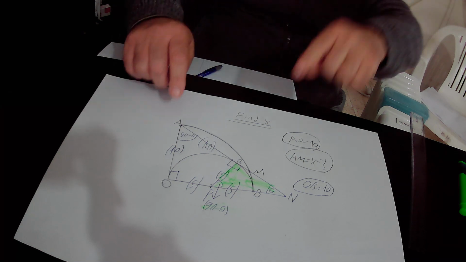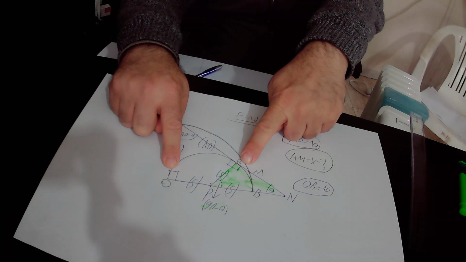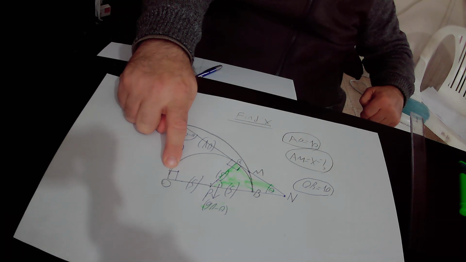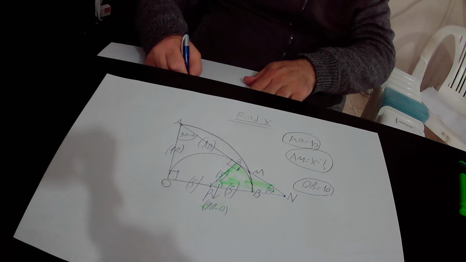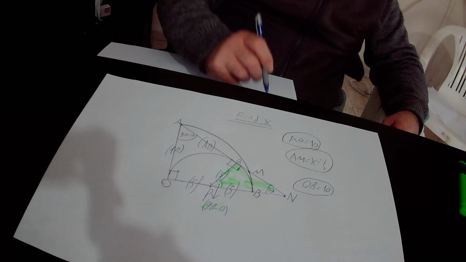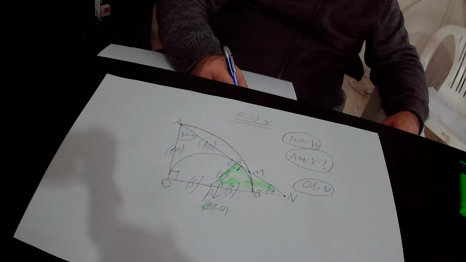First of all, those two angles, they are both equal to 90 degrees, therefore they are equal to each other. So this is angle AON in the big right triangle AON, and it is equal to this angle, this is actually angle PQN in the green triangle.